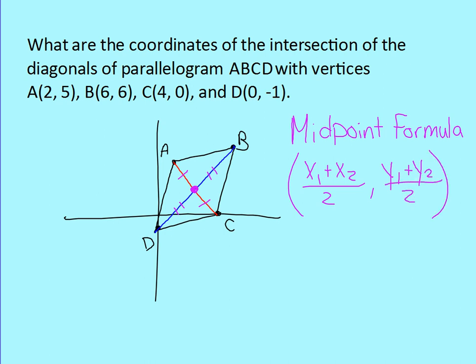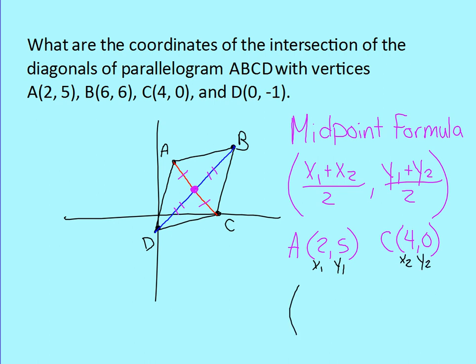You're just going to pick one of your diagonals. It can either be AC or it can be BD, and then we just need to find the midpoint of the diagonal. If we pick AC, remember this point is your x1, y1. The second point is your x2 and your y2.